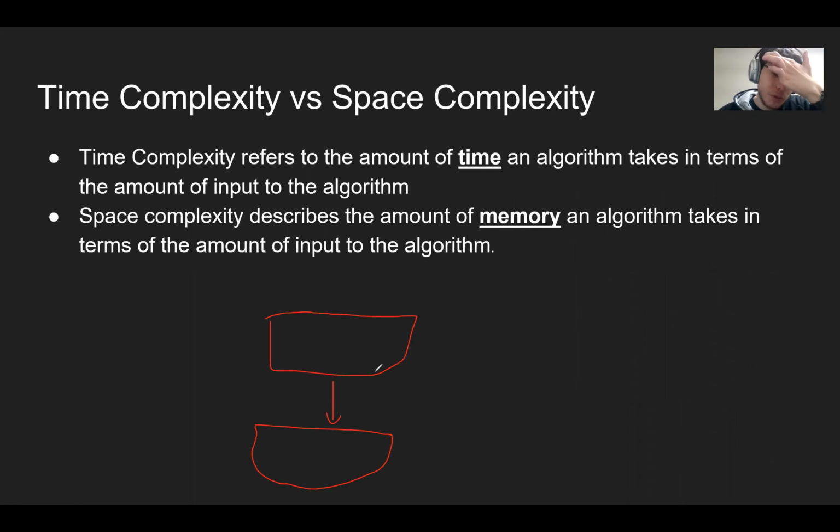If I'm using a new array to do that, then it's going to be big O of n for memory, for space complexity, because I have to provide slots for all n. But if I'm doing it in the original one, it's just big O of 1 because I'm not using any additional space. But with time complexity, reversing it, I'm going to have to go through every element, and that's still going to be big O of n for time. Okay, so that makes sense.